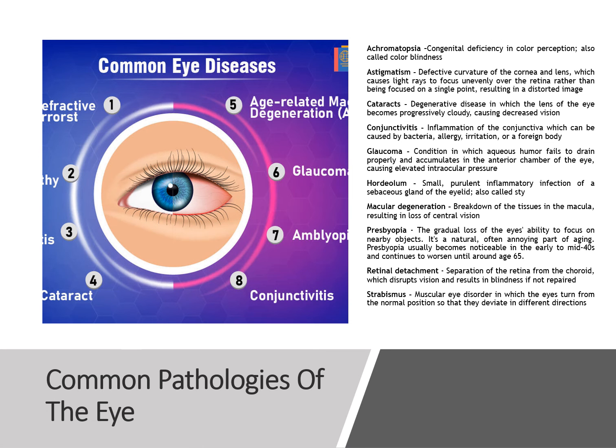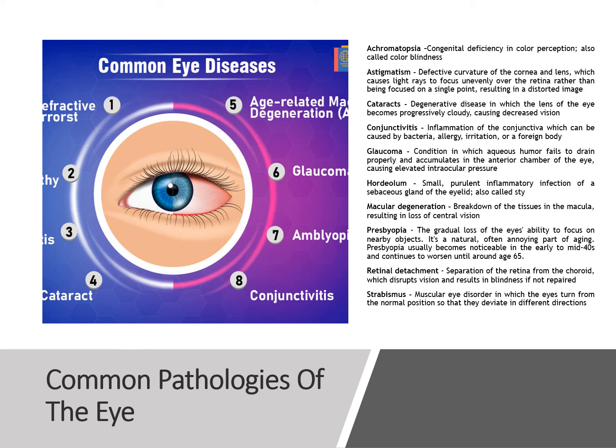Now let's take a look at some of the common pathologies of the eye. Achromatopsia is the congenital deficiency in color perception, also referred to as color blindness. Astigmatism is a defective curvature of the cornea and lens which causes light rays to focus unevenly over the retina rather than being focused on a single point, resulting in a distorted image.